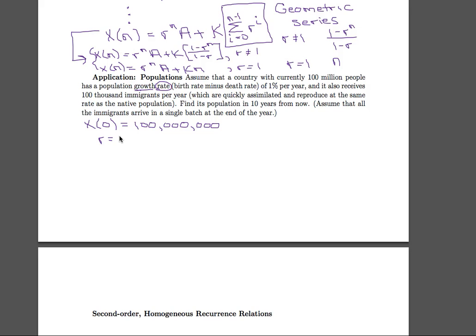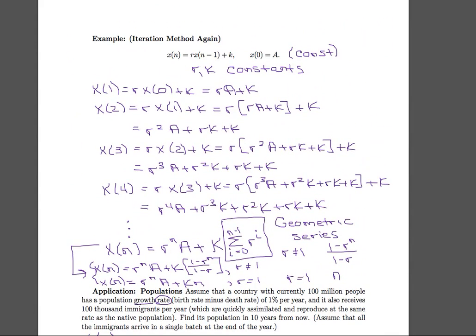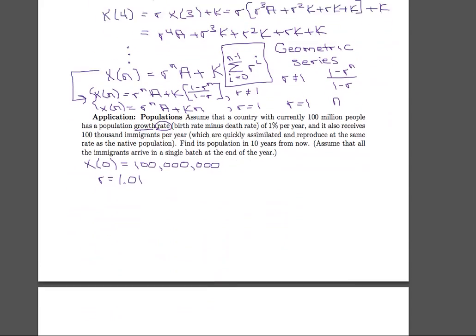But really R here is 1.01, because if we're applying R to the previous population, then we want to say, all right, our new population is going to be what it was, plus some growth, plus maybe something else. And so in order to get what it was, we have to have this 1 here.